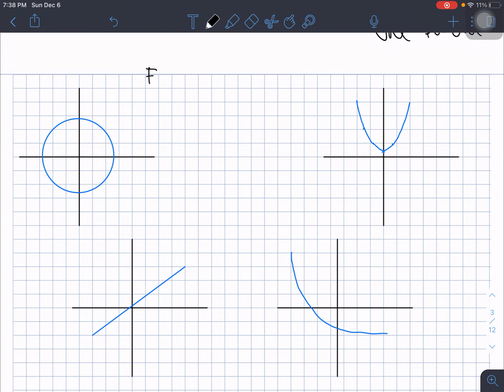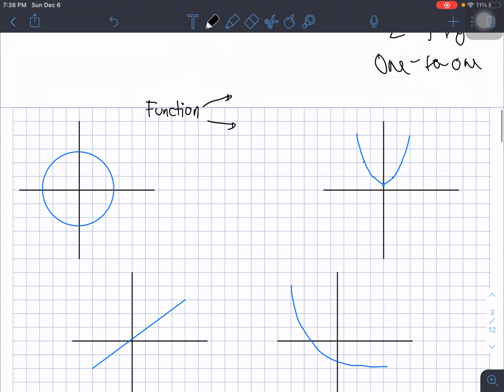If you want to identify if an expression or a relation is a function, it should satisfy the vertical line test. Again, a vertical line test is when you draw a vertical line at any point of the graph, and the vertical line only passes through one point of the graph.